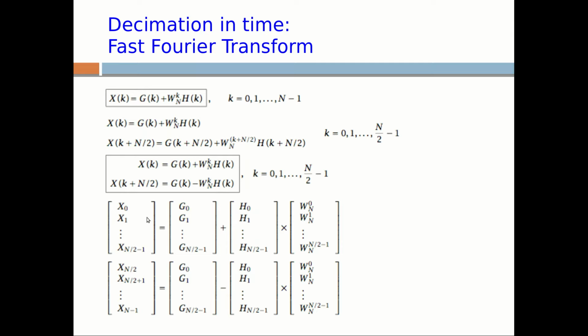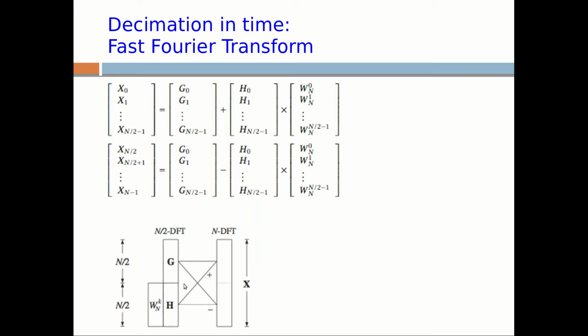So the first N/2 DFT coefficients are found using this formula and using the same matrix here, and just changing the sign from plus to minus, you can calculate the next N/2 DFT coefficients. This matrix here, the W matrix, is called the twiddle factor. This W here is the twiddle factor, which is multiplied with the odd part of the N/2 DFT.